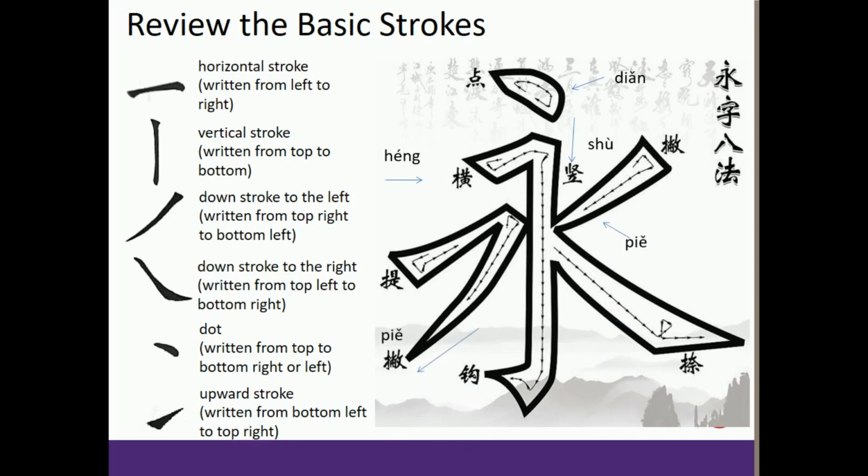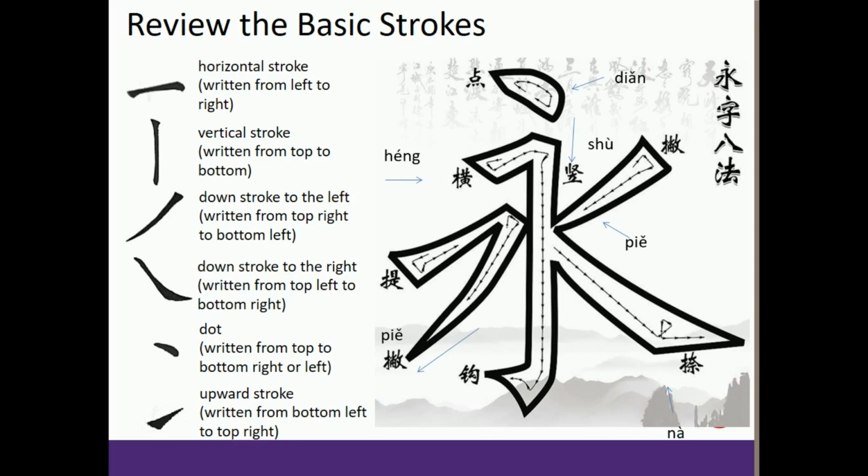And this is called 撇. When you write it, you start from the top right to the bottom left. This one is called the downstroke to the left. Of course, there will be a downstroke to the right. It's the same thing.